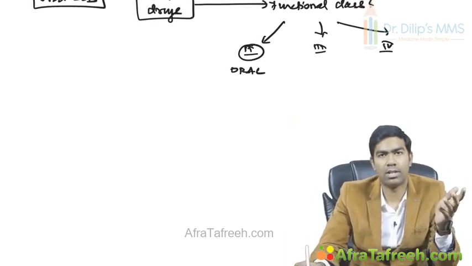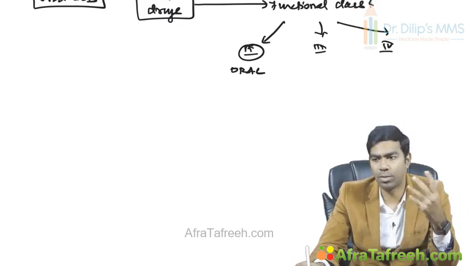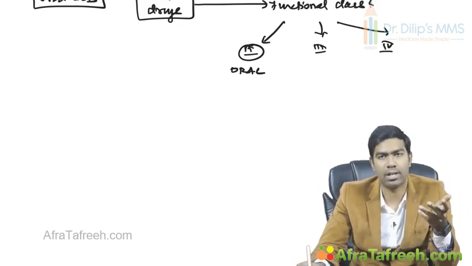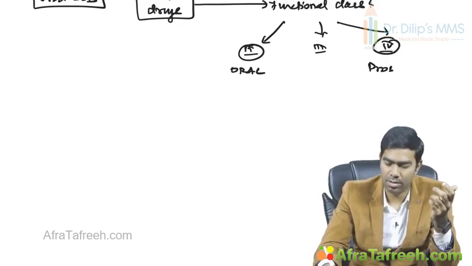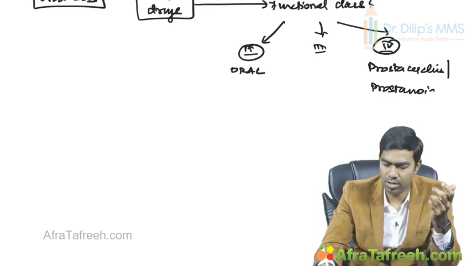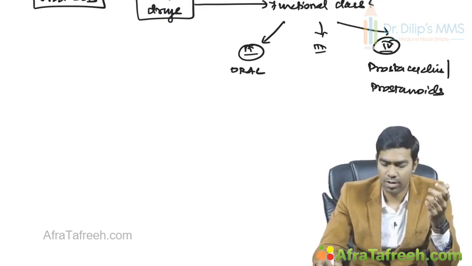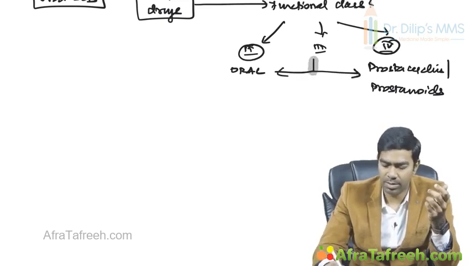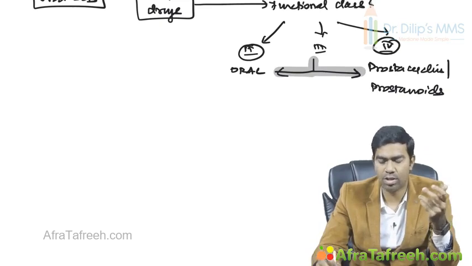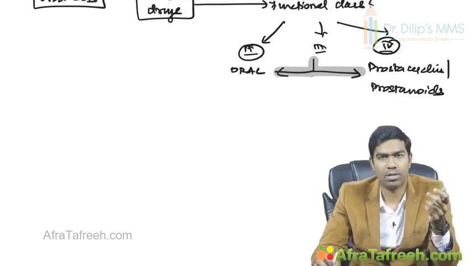That is your endothelin receptor antagonists, soluble guanylate cyclase activators, or you can try a phosphodiesterase 5 inhibitor. But class 4 you are going to try only prostacyclins or prostanoids. Prostacyclins or prostanoids, this is what you are going to try for class 4. Class 3, you can try anything. It's something in between, so you can try anything. Either oral drug or even a prostacyclin or a prostanoid.